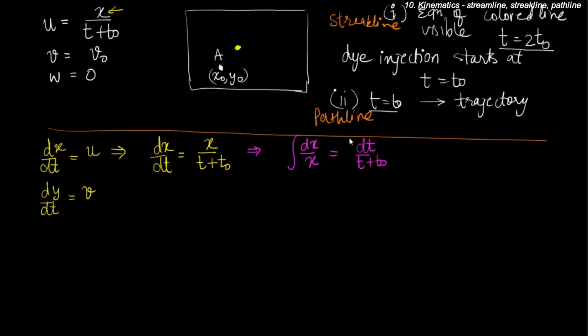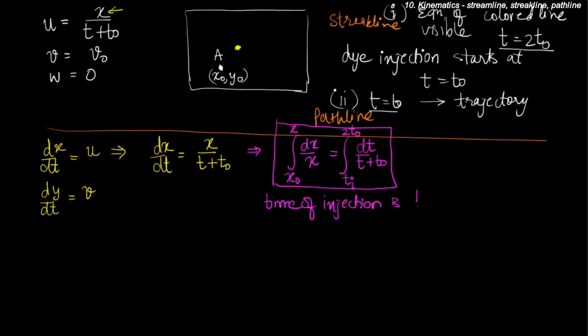When we integrate this, we must integrate from some variable time ti to a final time 2 t naught, but the particle will always go from x naught to a certain x. What this statement means is that the time of injection is ti. I do not know what ti is.